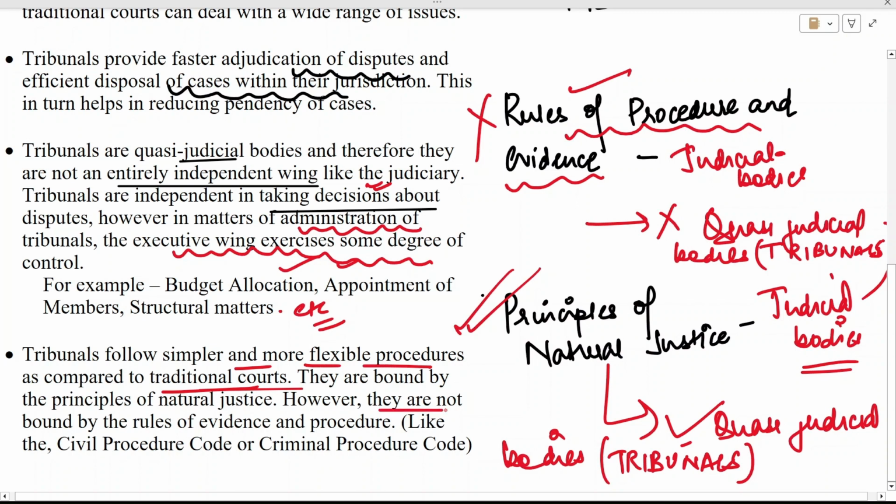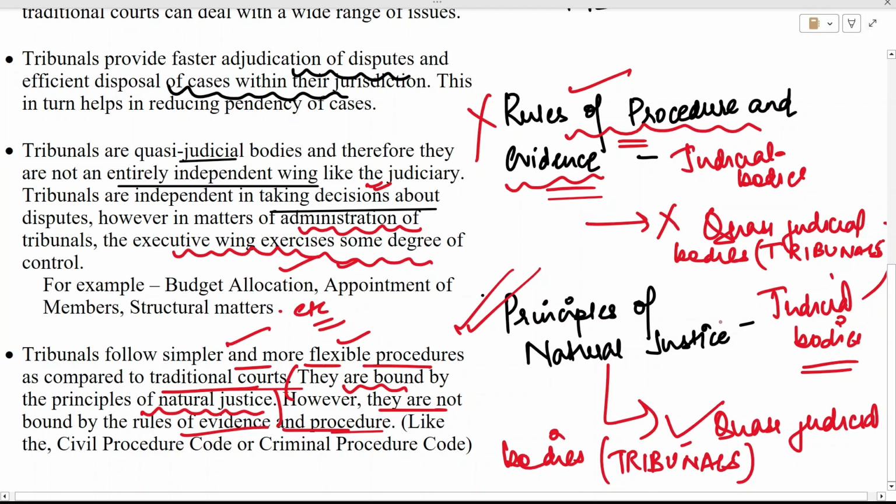Now read here, they are not bound by the rules of evidence and procedure. That is why they have a simpler and more flexible procedure as compared to traditional court. However, they are bound by the principles of natural justice. So natural justice they have to follow, which makes the entire process of adjudicating disputes in a tribunal much more flexible and easy.